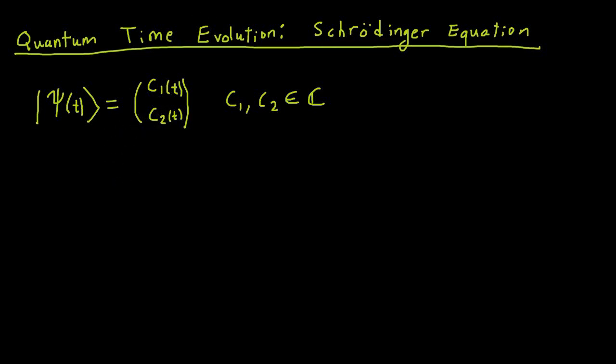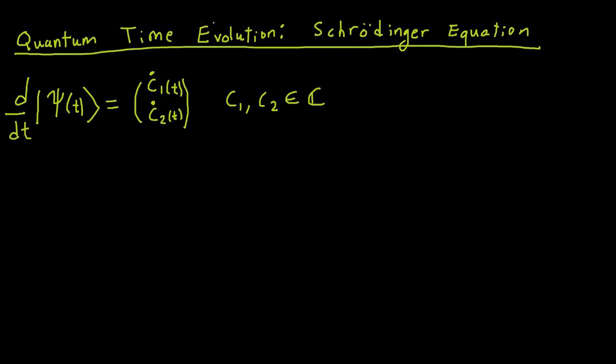Now, usually in physics, when we have an equation that tells us how something changes in time, we phrase this equation in terms of the time derivative of what it is we're interested in. So we want to know what the time derivative of this state is. So d/dt of this state. And by the time derivative of this quantum spin state vector, I just mean the time derivative of each of these components separately, right? It's nothing fancy.